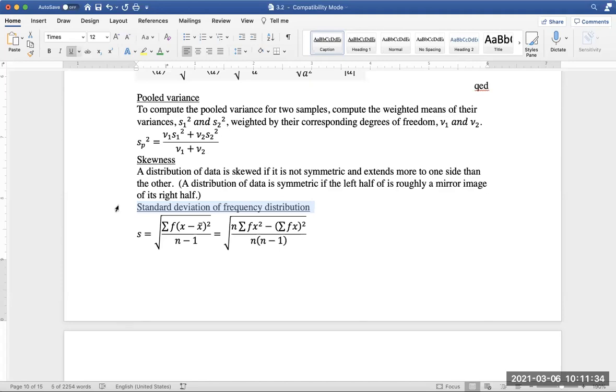The standard deviation. For a frequency distribution, the sample standard deviation is just the square root of the sum of f times x minus x bar quantity squared, all divided by n minus 1. Or if I use the simplifying computation formula, it's the square root of n times the sum of f x squared minus the sum of f times x quantity squared, all divided by n times n minus 1.